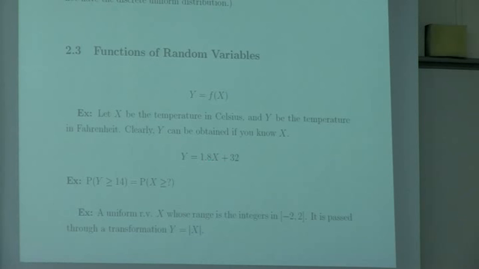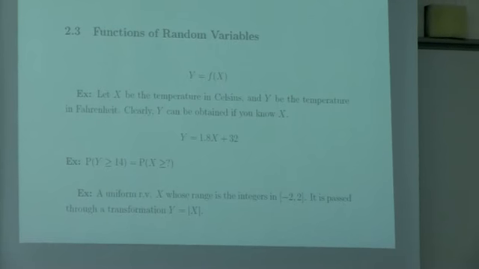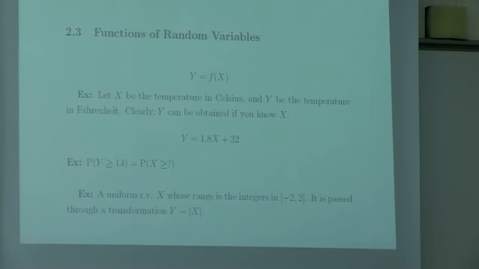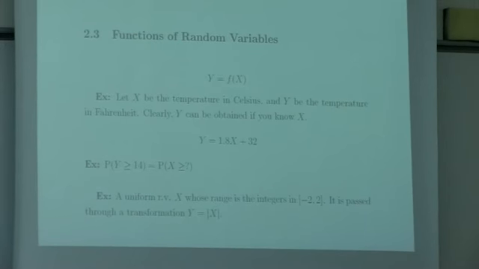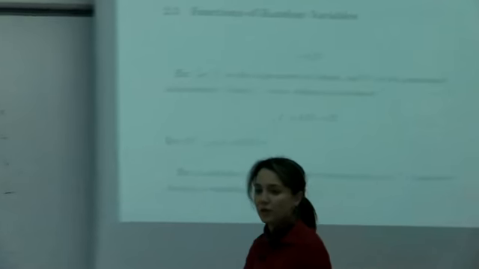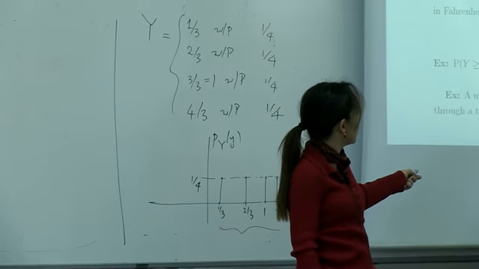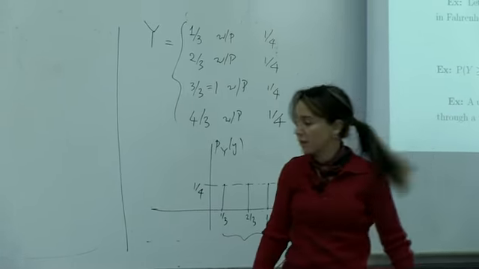Now if we know the probability that x is bigger than or equal to some value, can we compute the probability of y being greater or equal to any value? Yes. If we know these probabilities for x, it's easy to compute them for y because there is a one-to-one mapping from this event, y bigger than or equal to 14, to this event.